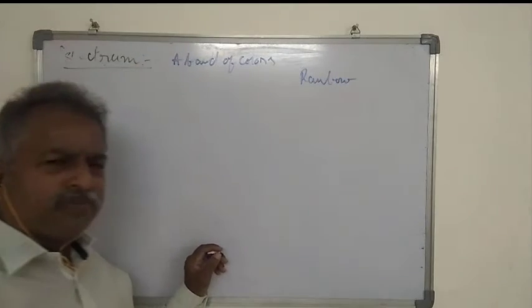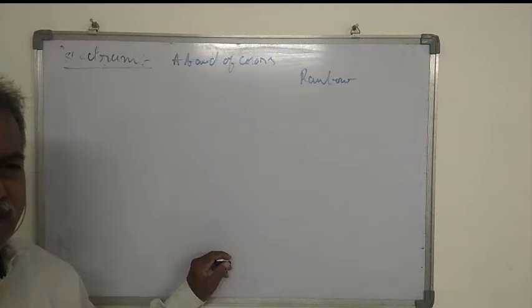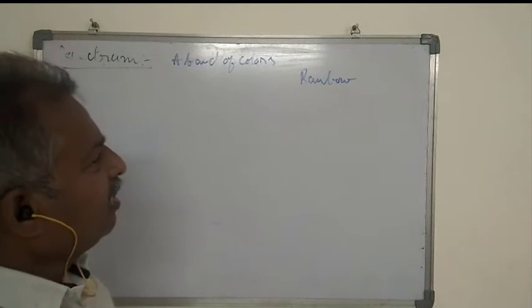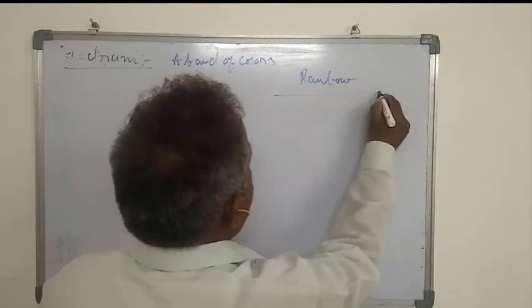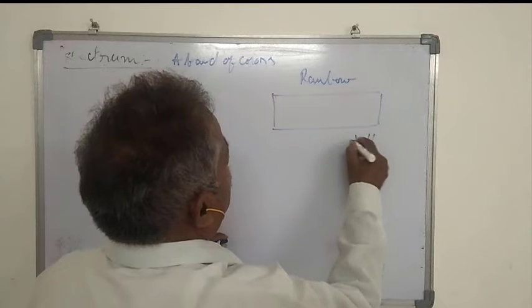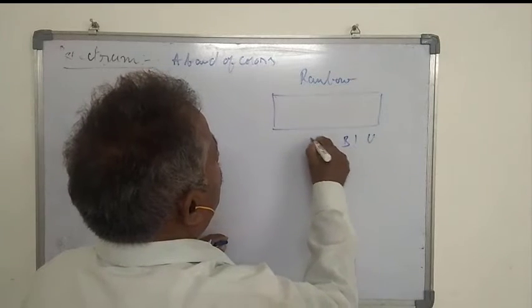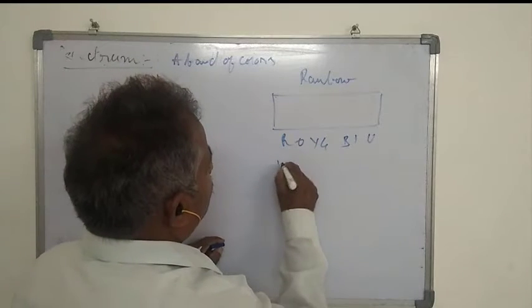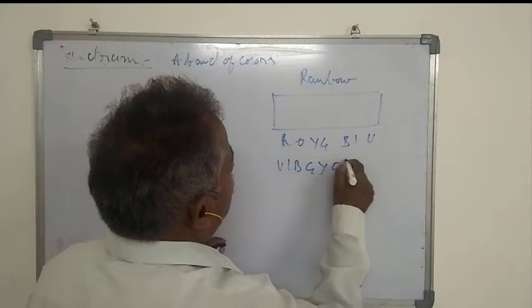As electron loses energy continuously, a continuous spectrum is to be obtained, just like a rainbow. A rainbow has 7 colors, and all the 7 colors are merged with each other. These are rainbow colors, VIBGYOR in this manner, or if you reverse it, VIBGYOR.